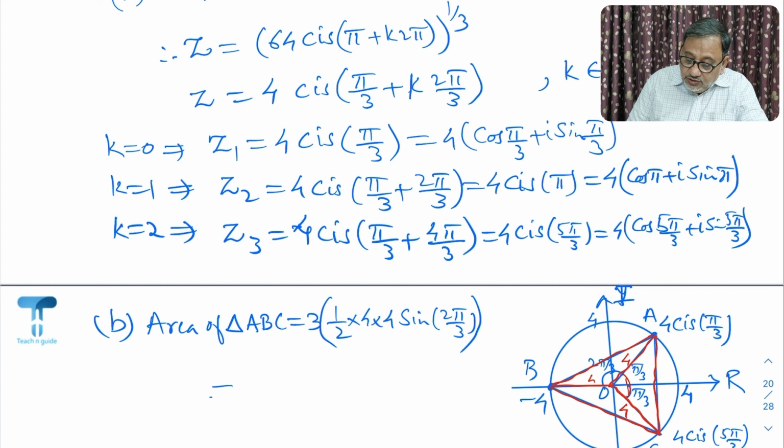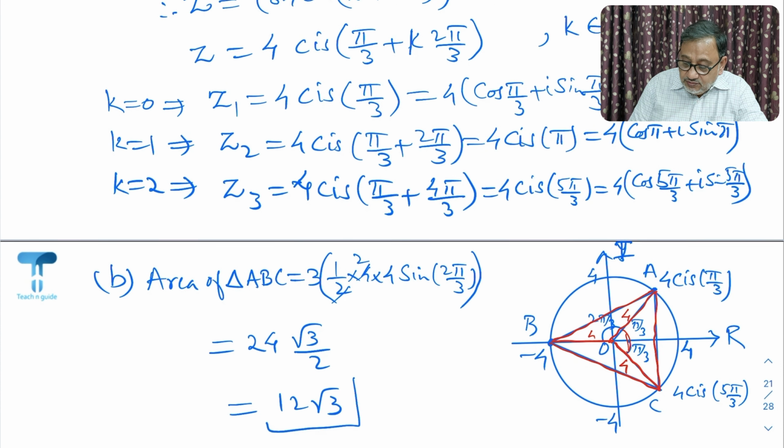So 2 will cancel with 4, 2 fours are 8, 8 threes are 24. And 24 sin 2 pi by 3, which will be root 3 by 2, right? And therefore the final answer is 12 root 3. This is the final answer.